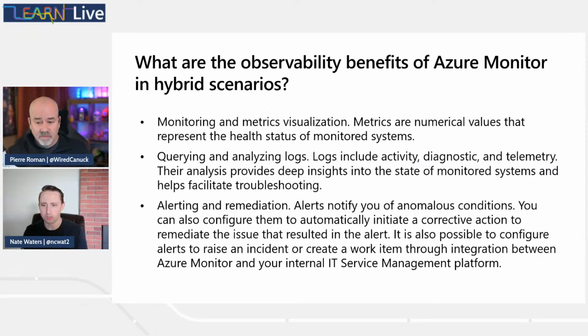Alerts notify you of anomalous conditions, and you can configure them to automatically initiate a corrective action to remediate the issue that resulted in the alert. So if you've got a server that somehow drifts on-prem, maybe it's one of those old servers we talked about that you have no idea what it does and you're too afraid to unplug, you can set up configuration states in Monitor. And if something does drift, it can automatically be reverted.